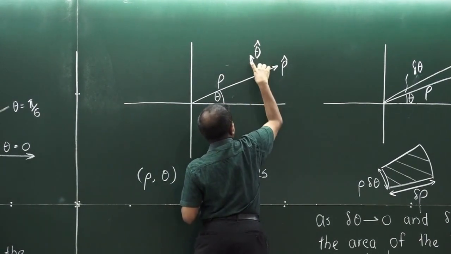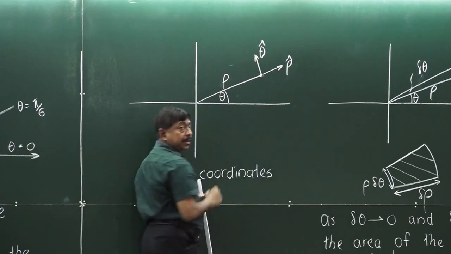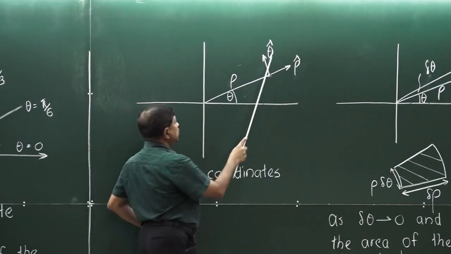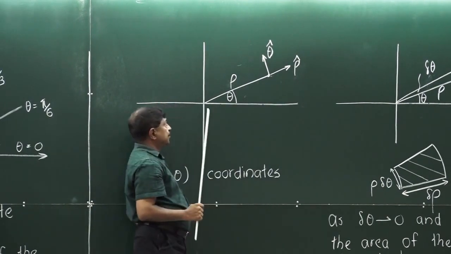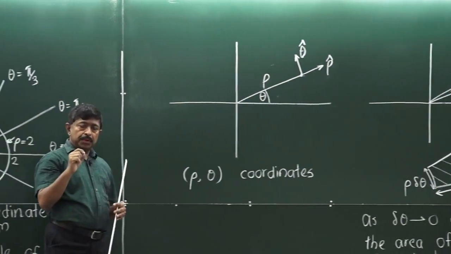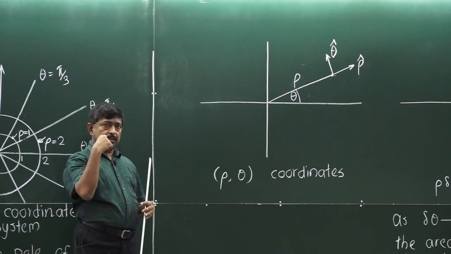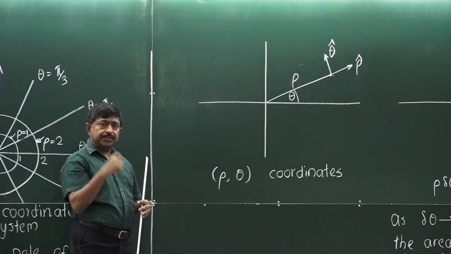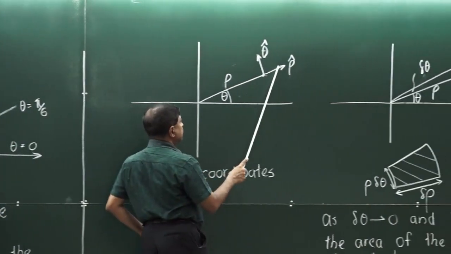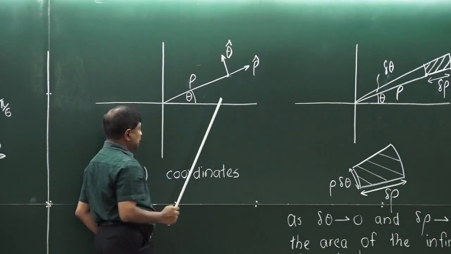The unit vector along that direction is called theta hat, because that's how, without changing rho, you increase theta. Here, without changing theta, you increase rho.